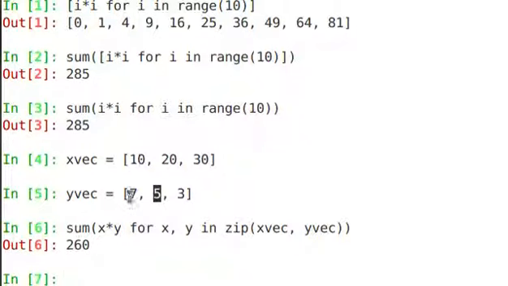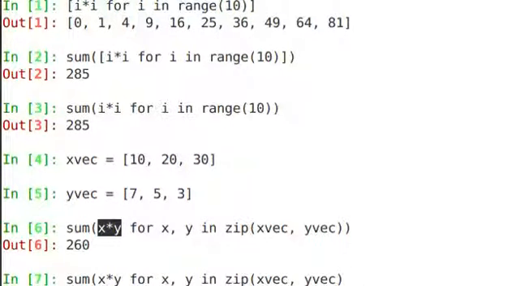So now we're going to take those two, 10 and 7, and we're going to multiply those together. So 10 times 7. Now we're going to take the sum of that. It's going to be the sum of those products. And then that's going to give us 260. Now you could have done this with a list comprehension.